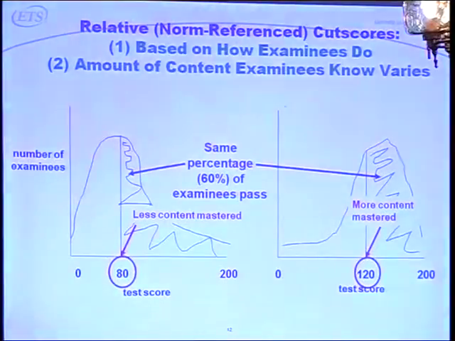We have the same amount of content, this 120 mastered, but we may have a lot of people pass or we may have few people pass. It depends on their ability level.